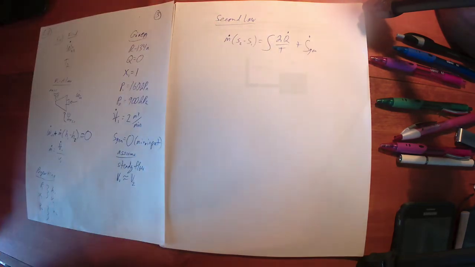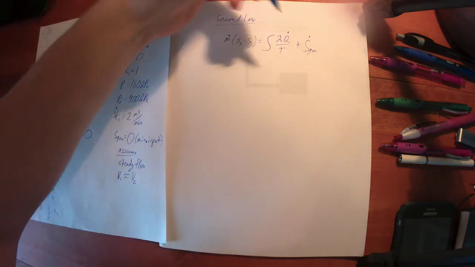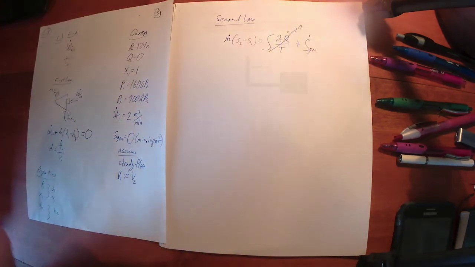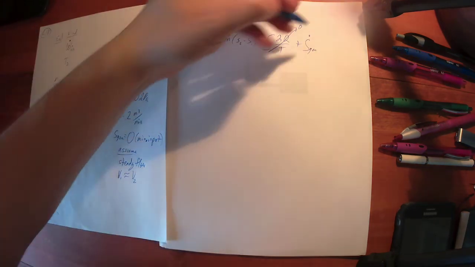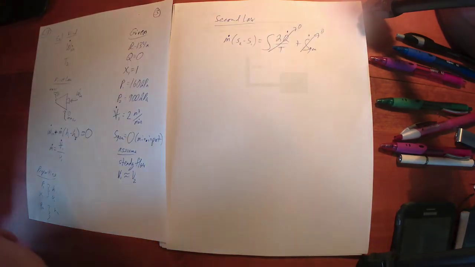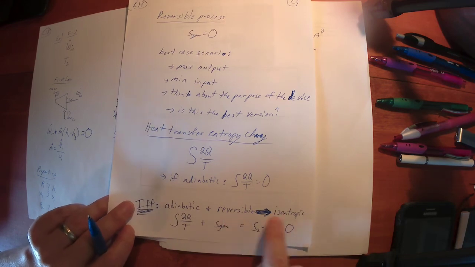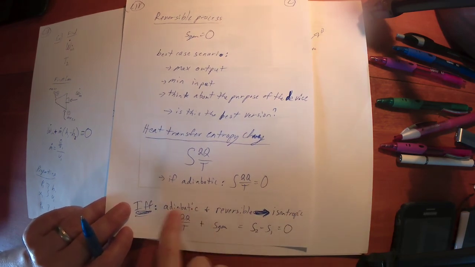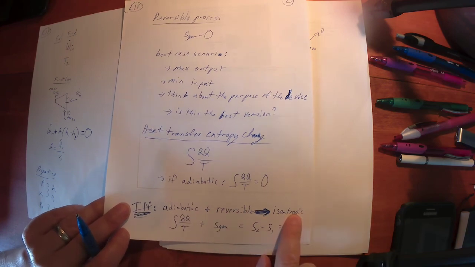What do I know about the heat transfer? 0. What do I know about the entropy generated? 0. Remember I told you guys, if it's adiabatic and reversible, then you know it's isentropic. I need to know these two things. If I know these two things, then I know it's isentropic.